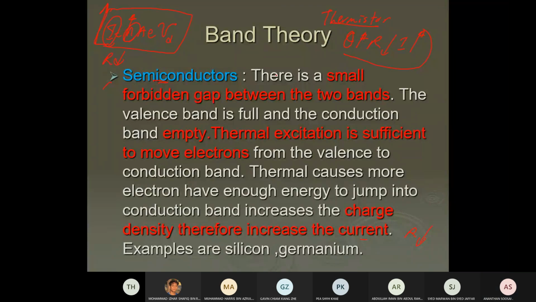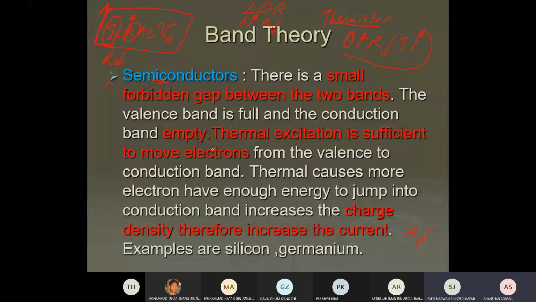Okay. You know the LDR: when light increases, what happens to the resistance? Decreases. Okay, now can you explain using this band theory? LDR is also a type of semiconductor. So the same story.